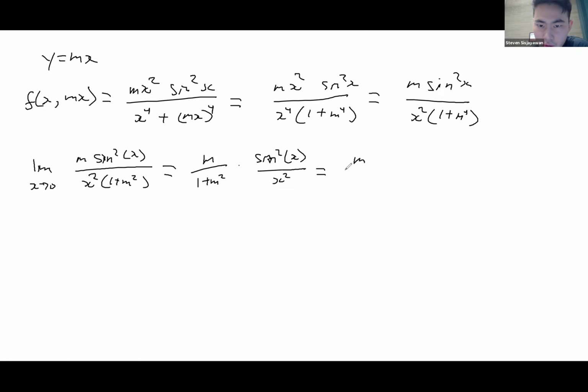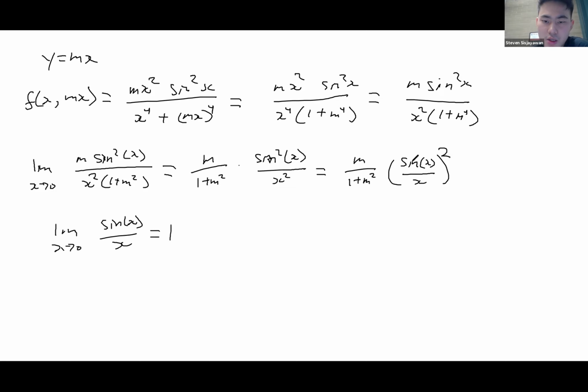Because if I can rewrite this as m divided by 1 plus m squared, and this as sine x over x squared, we can say the limit of x approaching 0 of sine x over x is the same thing as 1, right? So we can further simplify this into m over 1 plus m squared.